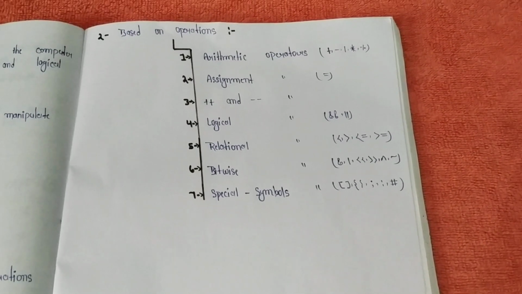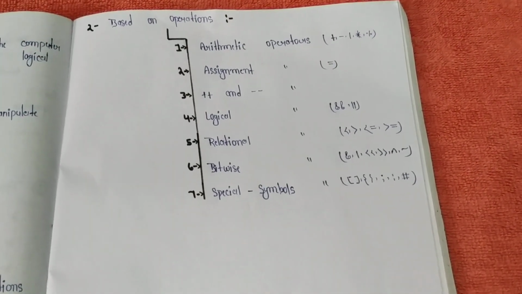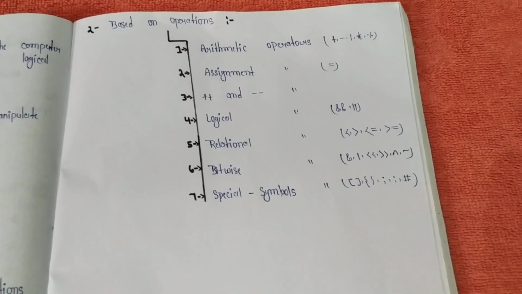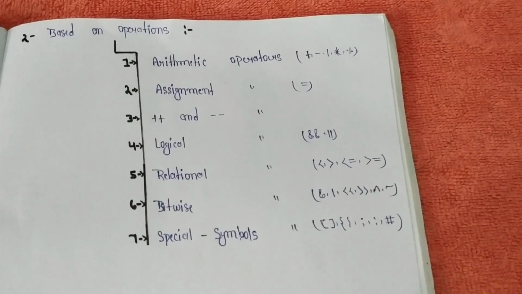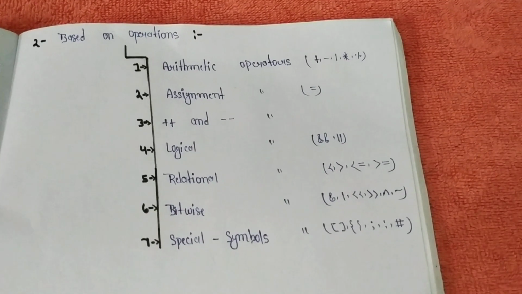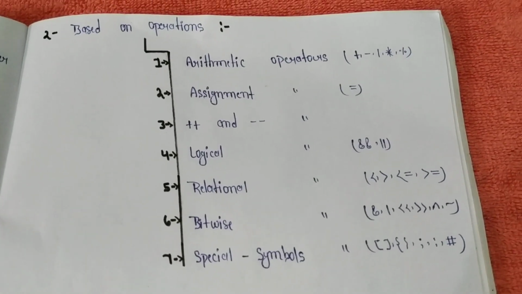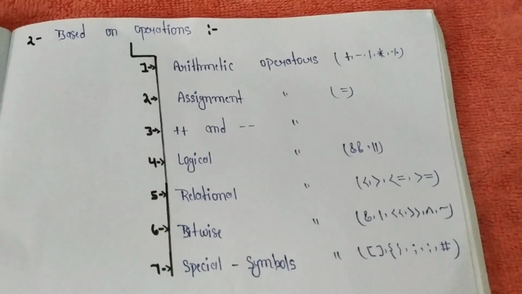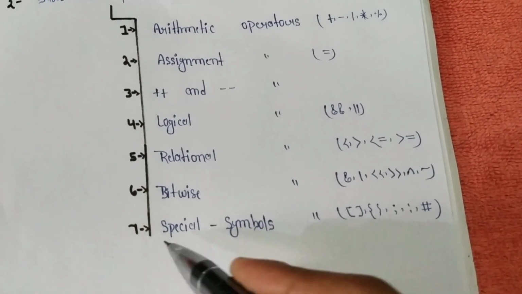Now let us discuss the second part, the classification of operators based on operations. These are totally binary operators, which we have already discussed. In this classification based on operations, the special symbols and extra operators are included.